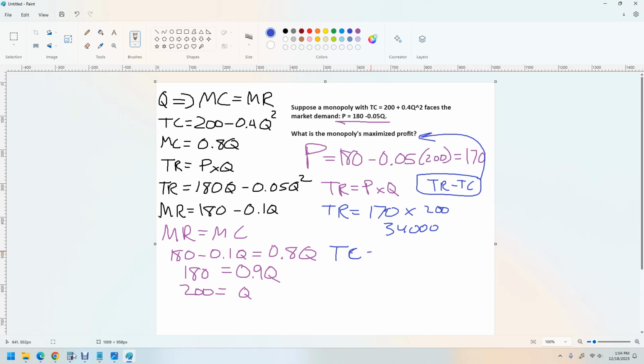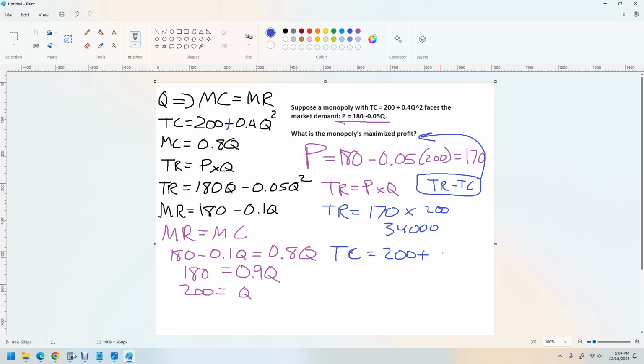What we want to do is just plug 200 units into that total cost function. So it'd be 200 plus, that's a mistake right there. That should be a plus too. It didn't matter, I didn't continue the mistake, but the mistake's up there.